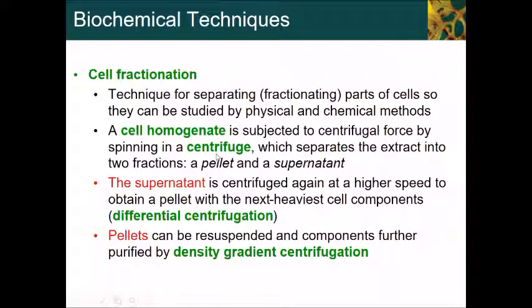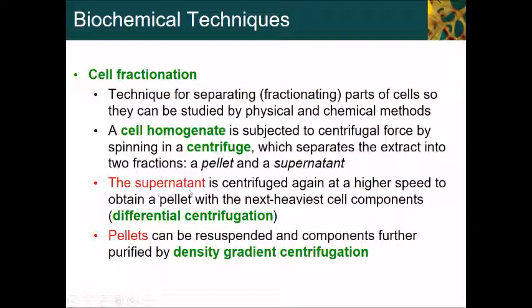After you spin the centrifuge, you will get two fractions, known as the pellet and the supernatant. Pellet refers to the solid portion, usually at the bottom of your centrifuge bottle, and supernatant refers to the liquid part or the upper part that you can see in your centrifuge bottle after you centrifuge the samples.